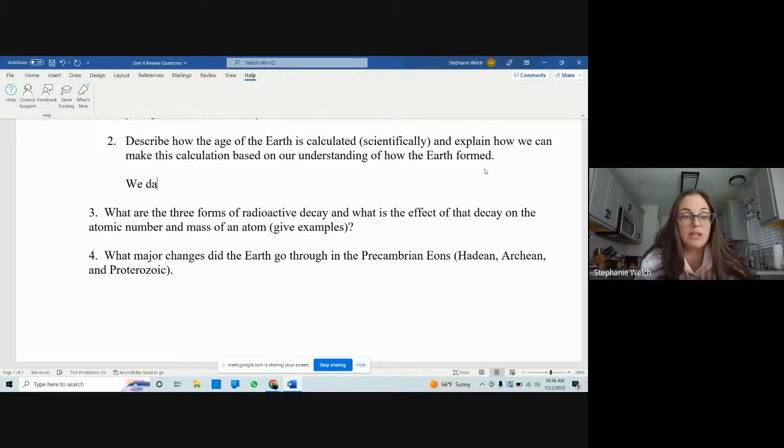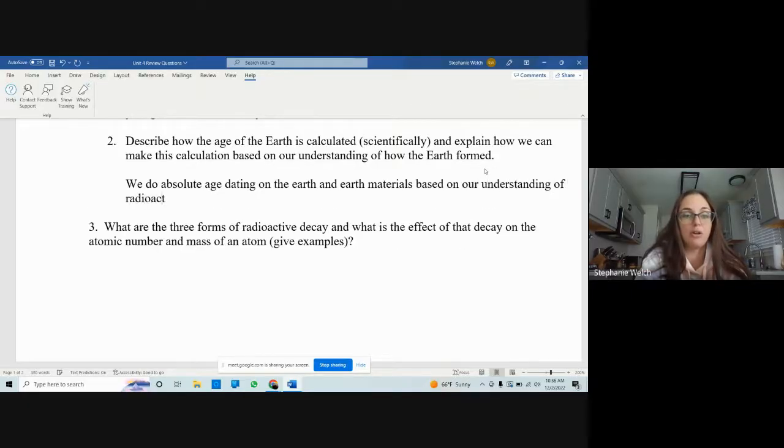So first off, we do absolute age dating on the Earth and Earth materials based on our understanding of radioactive decay.